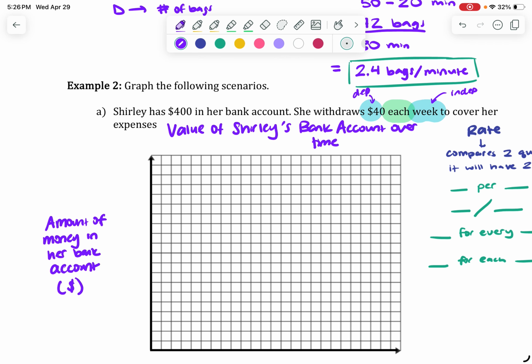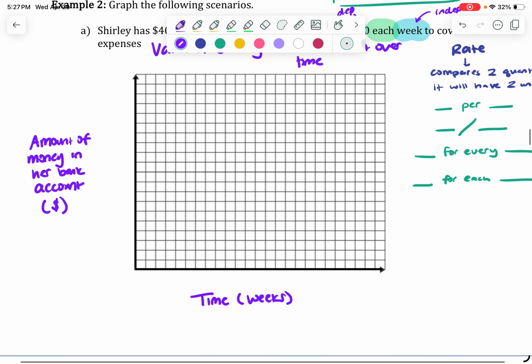Okay, we want to graph the stuff. Now, I know that Shirley has $400 in her bank account. When? Right now. So, a time of 0 weeks, before she even starts withdrawing money, she's got $400. And then I know that every single week it goes down by $40 because she's withdrawing that money.